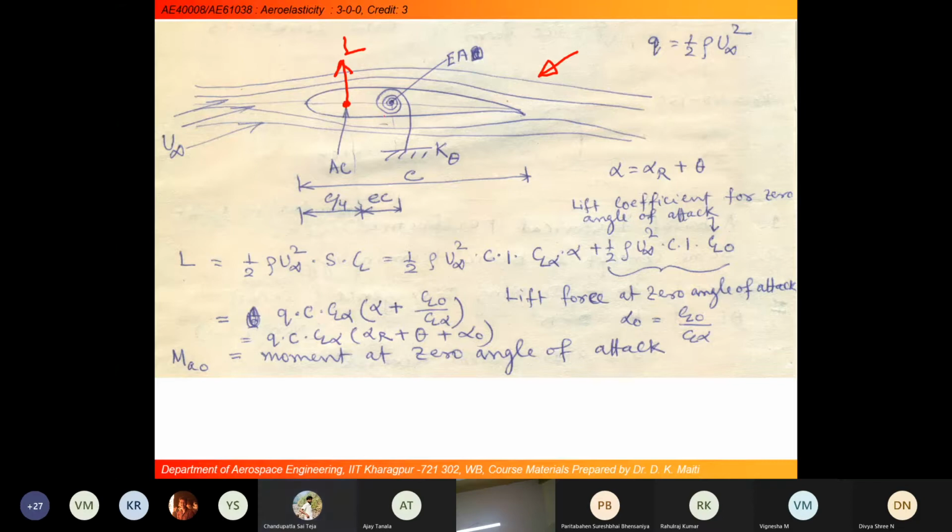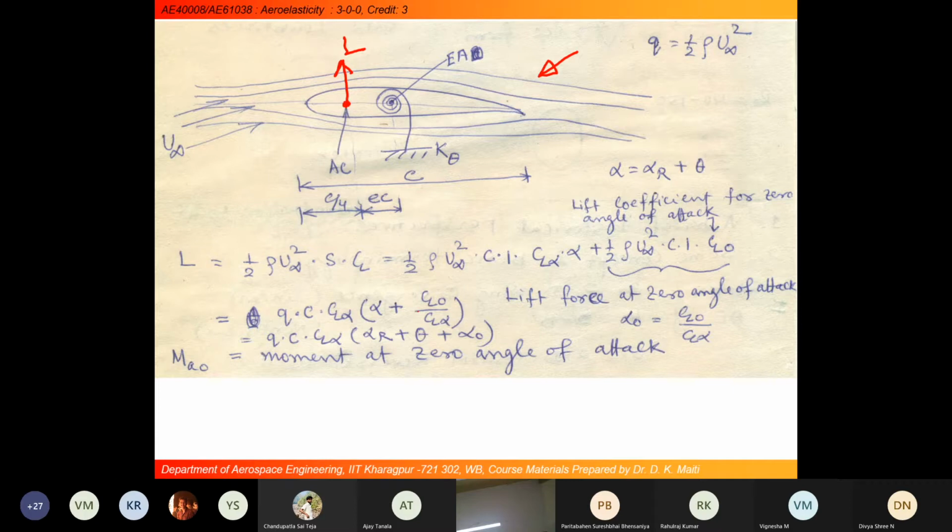Then we have another important point, that we call the elastic axis. You have studied in your structures about the shear center. The elastic axis is nothing but the collection of shear centers along the span direction. When we connect all the points, it will be like an elastic axis.